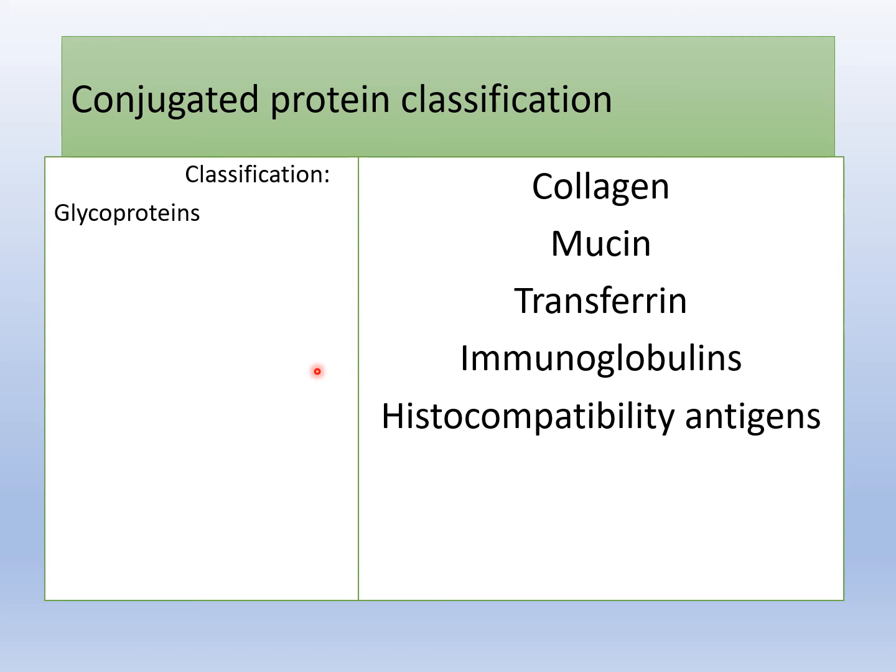We have immunoglobulins. Well, immunoglobulins are proteins which are basically produced by the body in response to the invasion of a foreign substance in your body.